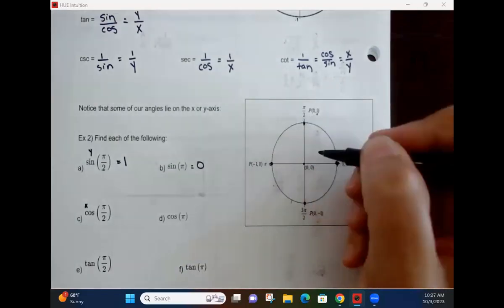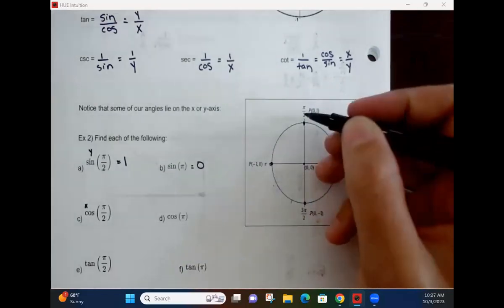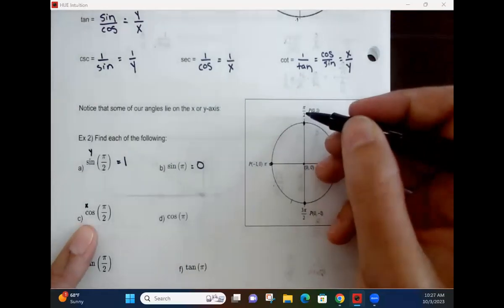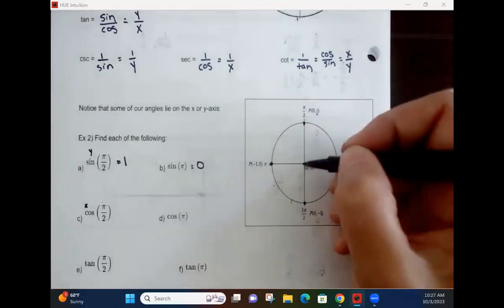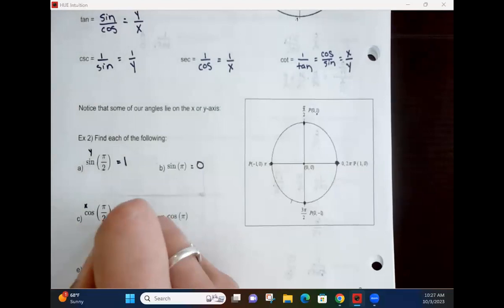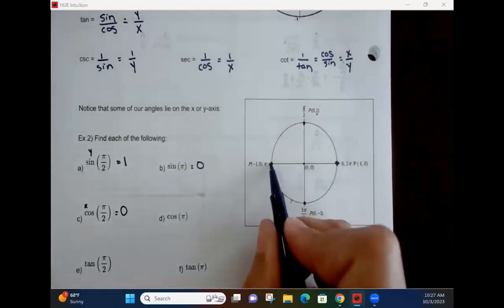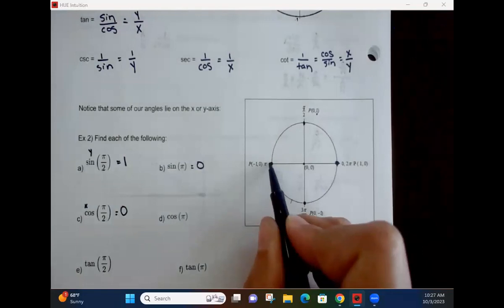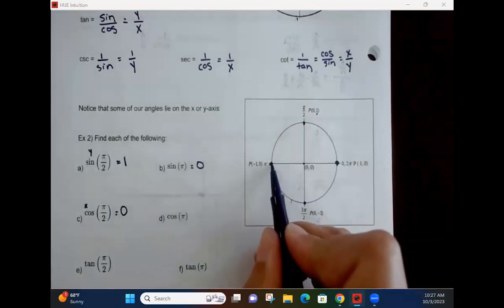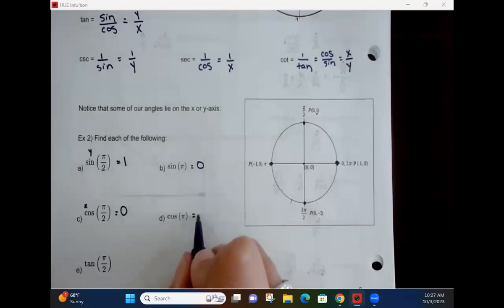A quarter of the way around our circle. We're up on the y-axis. Cosine is the x value. When I'm on the y-axis, the x value is 0. So cosine of pi over 2 is 0. Cosine of pi means we're here, right? Halfway around the circle. Cosine at this point would be negative 1 since my x coordinate is negative 1.